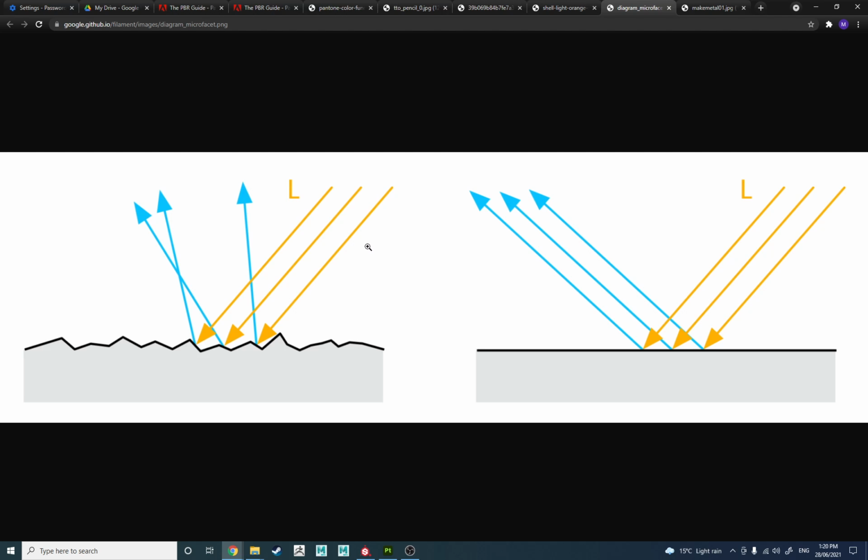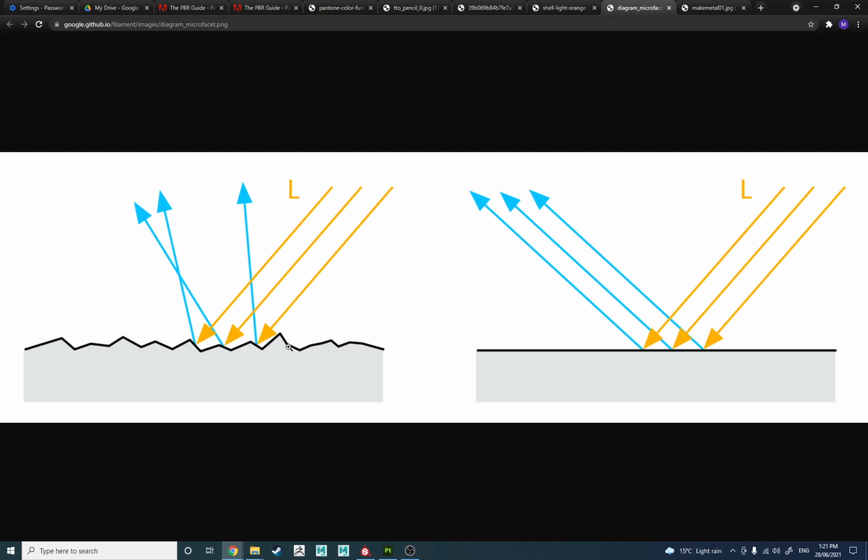But other materials, say rock, wood, or some plastics if they've been damaged, will still reflect light off the surface, but not uniformly, at scattered angles. This is what we are mapping when we use a roughness map. The tiny little bumps that we see here are called microfacets. So if you see that word, that's what it's referring to.